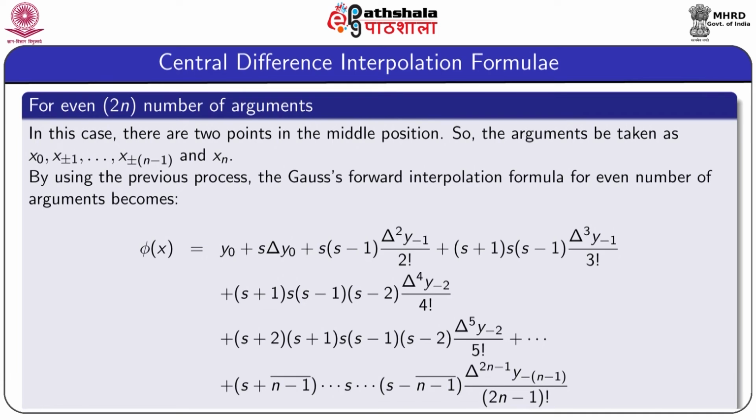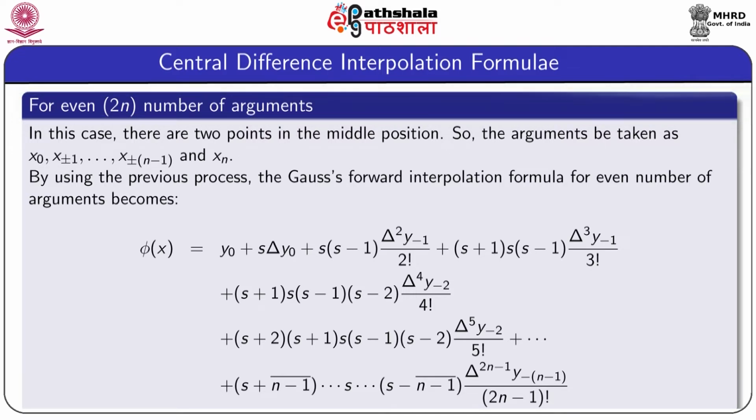So, now we consider even number of arguments, that is twice n number of arguments, to construct the Gauss central difference formula in case of forward formula. So, in this case the arguments are written as x 0, x plus minus 1, dot dot dot, x plus minus (n minus 1) and x n.